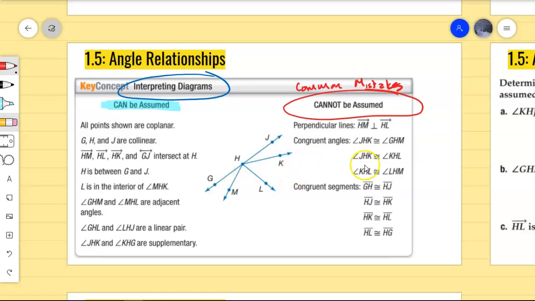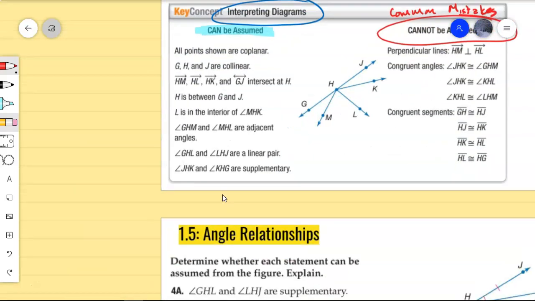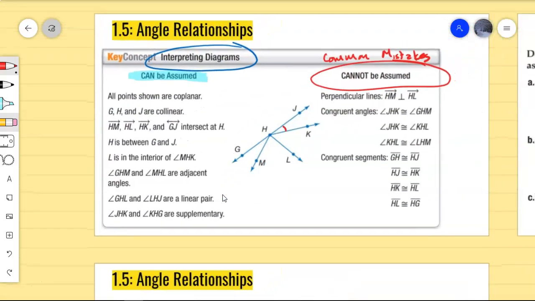Next one. You can't assume things are congruent. I'm just going to give you a general piece of advice here. Don't think that just because JHK kind of looks like GHM, you can say that these are congruent. There needs to be the symbol. If the symbol is not present, you may not assume that the two are congruent. The same thing goes for GH and HJ.